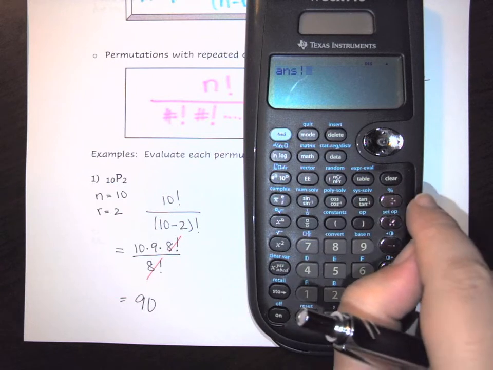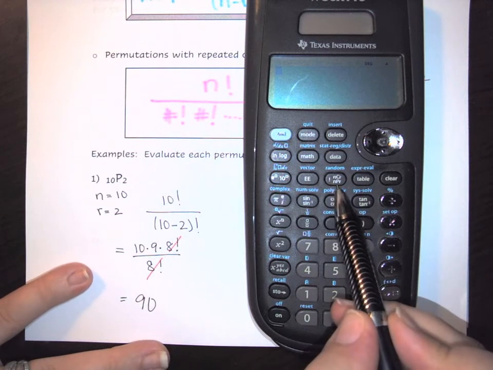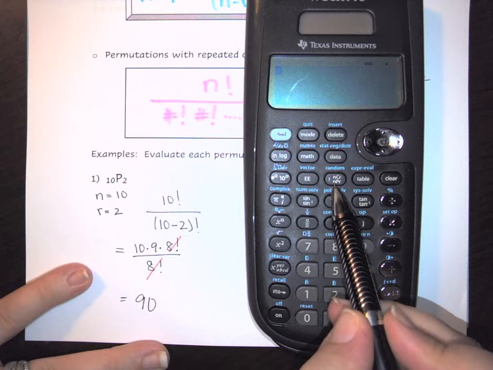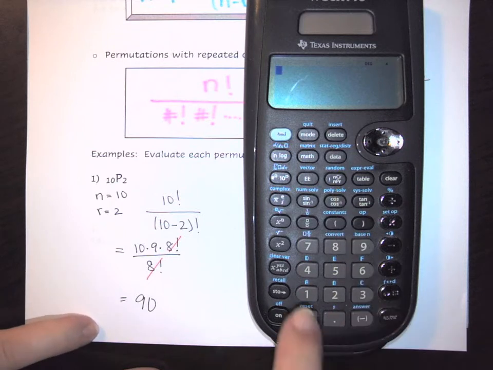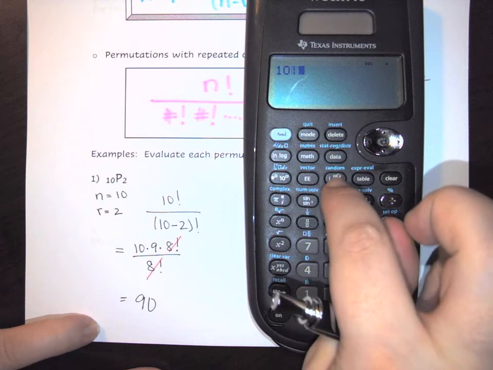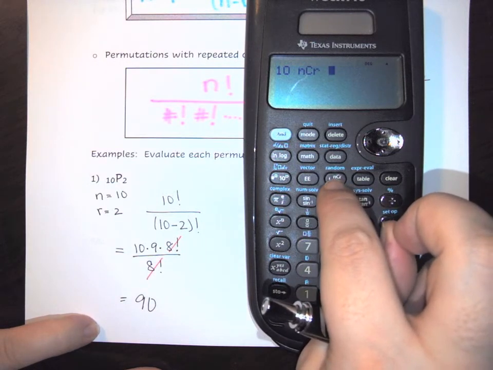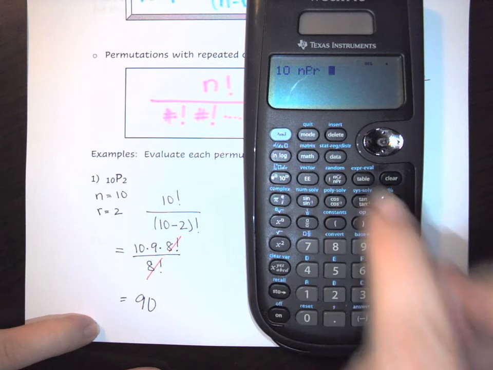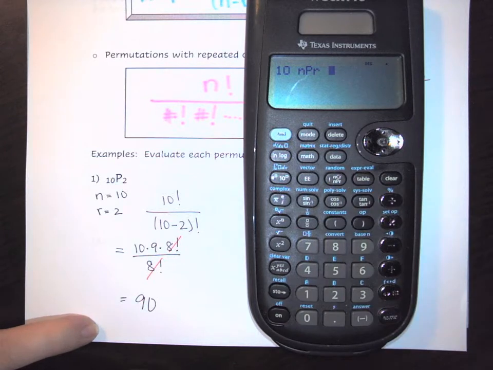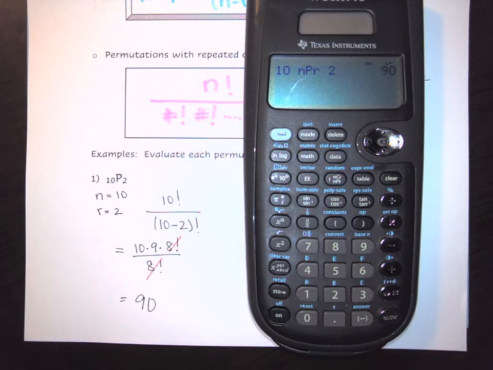And when you click that button, you have to be able to put some information in there first. So n comes first. In this case, my n would be 10, so I would type 10. I would hit my button here. So the first time is factorial. Second time says I'm going to do nCr, but here I want nPr. My r is 2, and hit enter, and it does it for me.